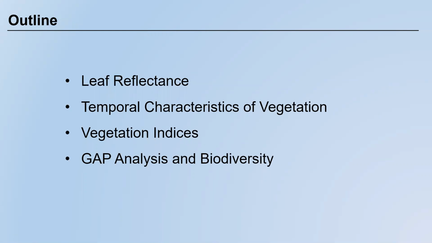After this whole semester's learning, I think you should be familiar with the reflectance spectrum of healthy vegetation, right? That very famous reflectance peak that is happening at the near infrared band of vegetation's reflectance spectrum.